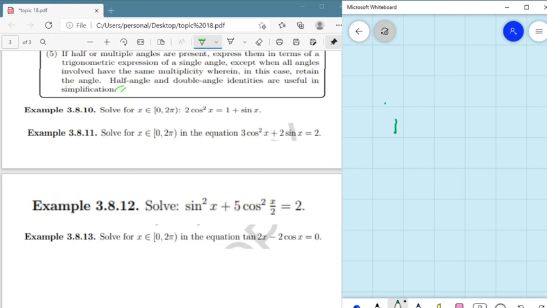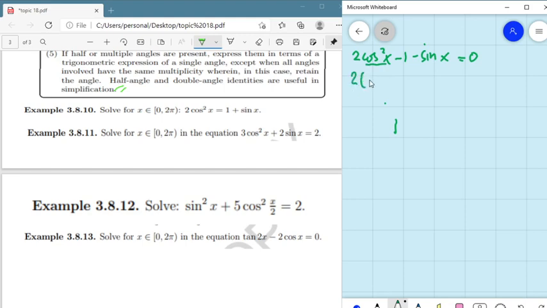That's why the equation becomes 2 cosine squared x minus 1 minus sine x equals 0. And since now there is a sine x, we need to convert this in terms of sine.